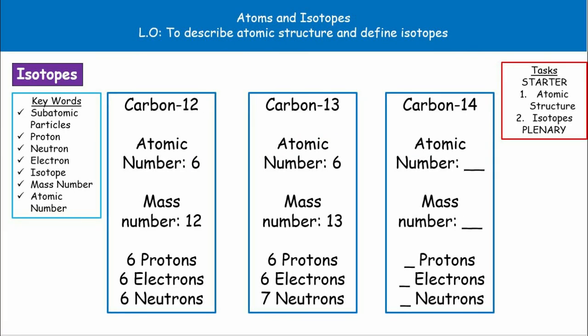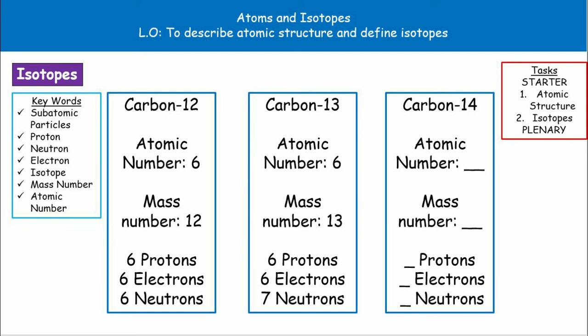So let's look and see what this really looks like in practice. What I've got for you on your screen there are the three different isotopes of carbon. Carbon-12, carbon-13 and carbon-14. So when we look at it, and we'll look at carbon-12 and 13 first of all, then they both have an atomic number of 6, because remember, the atomic number does not change.